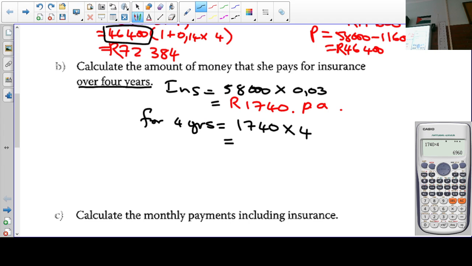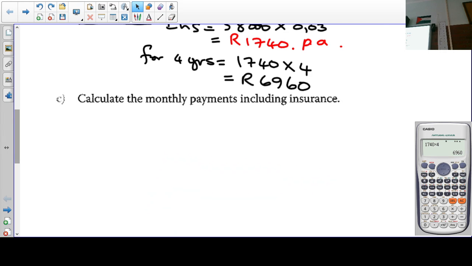Is that correct? Yes. Alright, 6,940. 60. Sorry, mate. See, when you make one mistake, and then it just compounds. No?